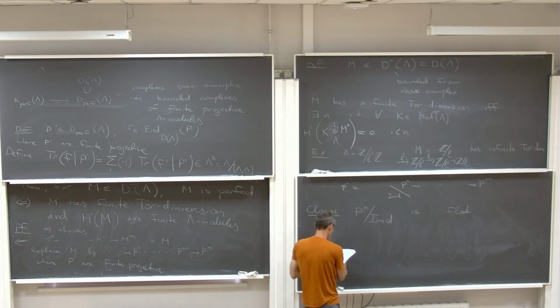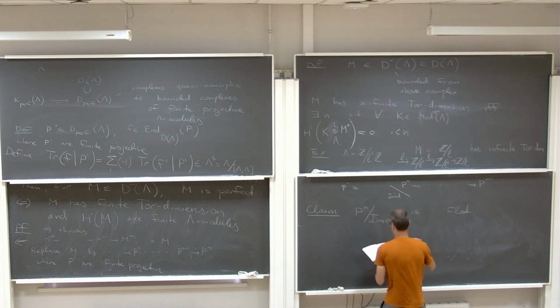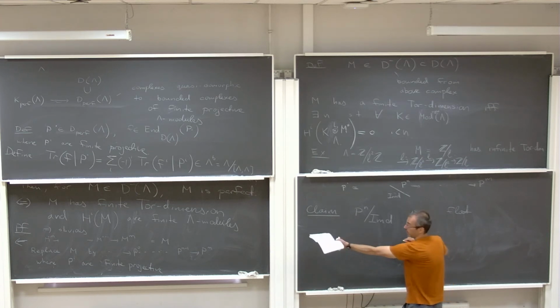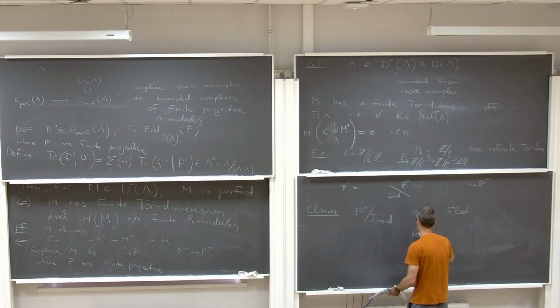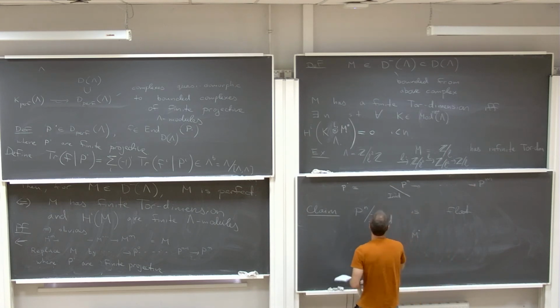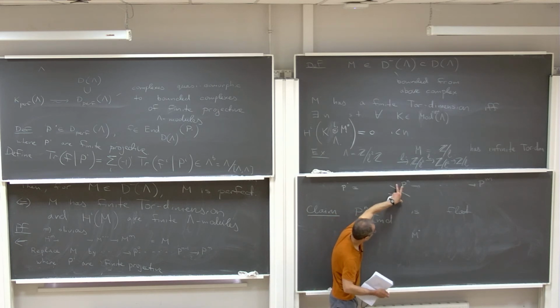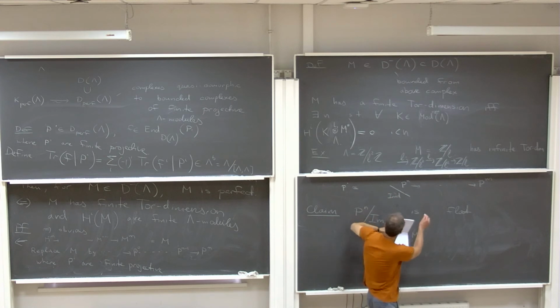So, okay. What can we do now? We'll look at the exact triangle. So this is my P, it's quasi-isomorphic to M anyway. M is quasi-isomorphic to this complex, and I will consider the following subcomplex here.